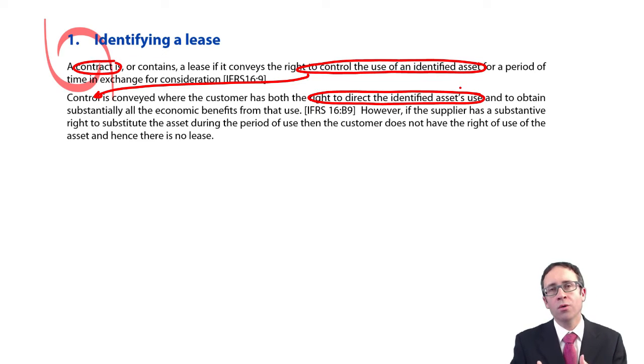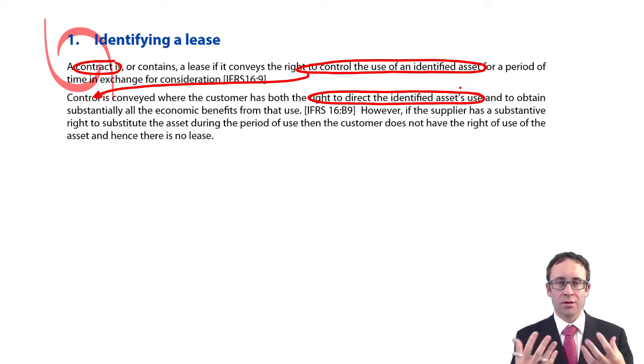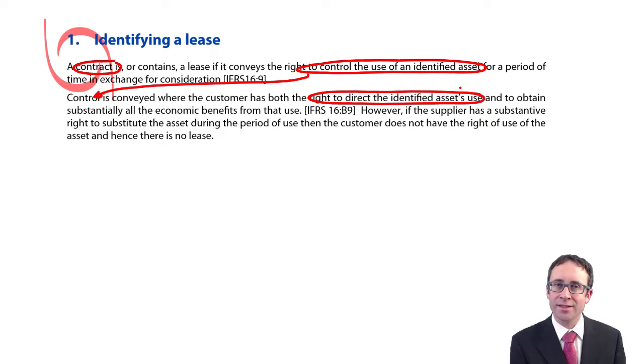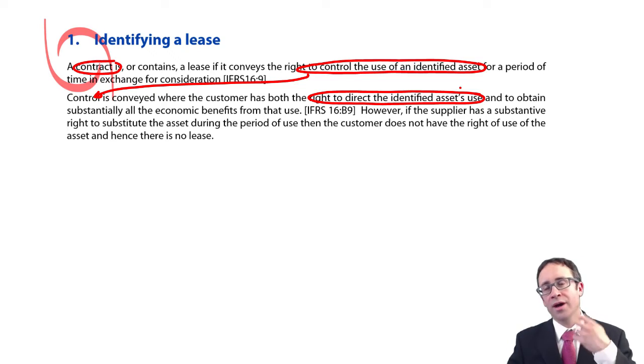Going back, we spoke about control as being the power to direct the activity. So if you can direct something, you have control. Here, if you direct the identified asset's use, you have control. If you have control, you're going to have a lease. If there is a lease, you account for it under IFRS 16.